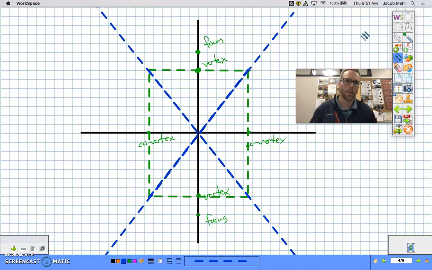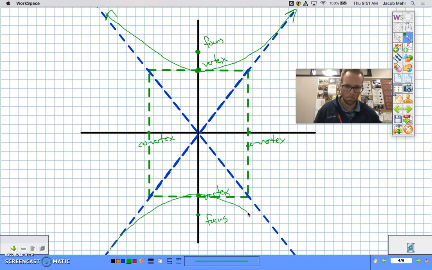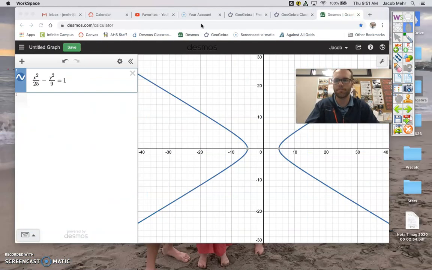Like that. So now when I draw this, the hyperbola has to start close to the slant asymptote, come to the vertex, and finish close to that slant asymptote. Kind of like that. There we go. Let's put this into GeoGebra and see if it matches up.